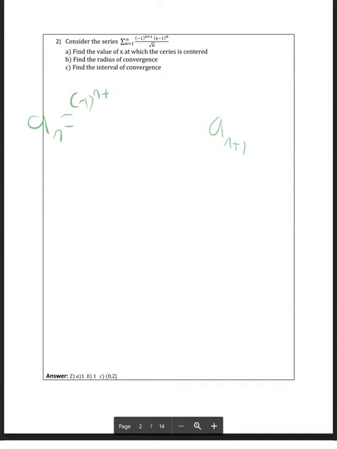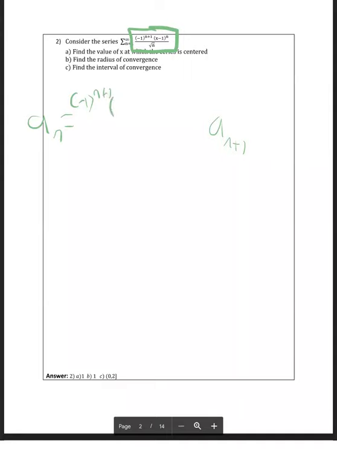I think it's -1 to the n. Julia, a sub n is always going to be what you have here. But then a sub n plus 1 would be -1 to the n plus 2. Yes, exactly. Your a sub n is what you're copying from the expression. A sub n plus 1 is you're adding n plus 1 to everything that's already there. Does that make sense? Yeah.